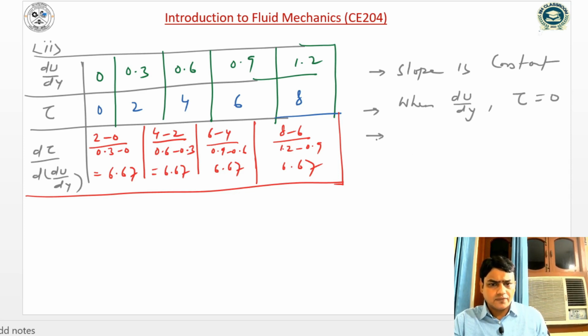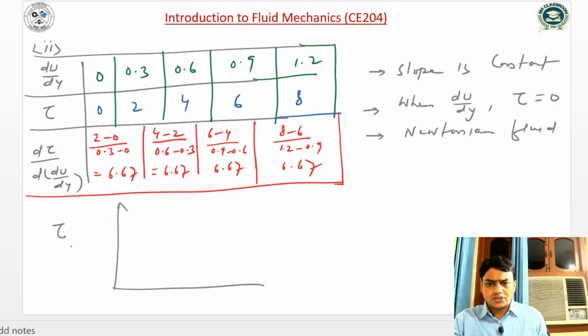It is the case of a Newtonian fluid, because if I draw tau versus du by dy, which is the velocity gradient, there is no intercept or initial yield stress. So this is the Newtonian fluid.